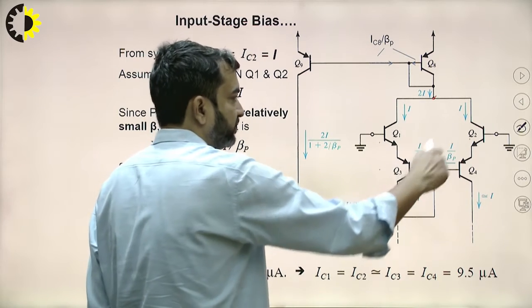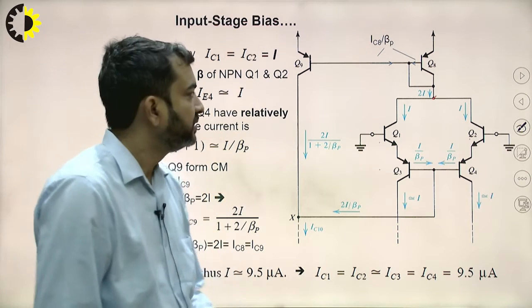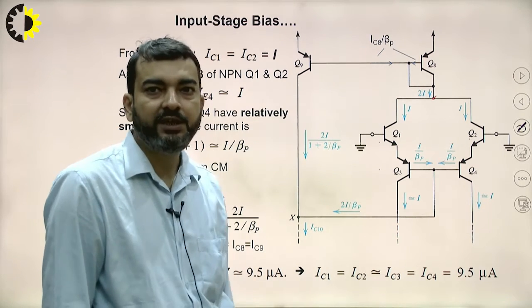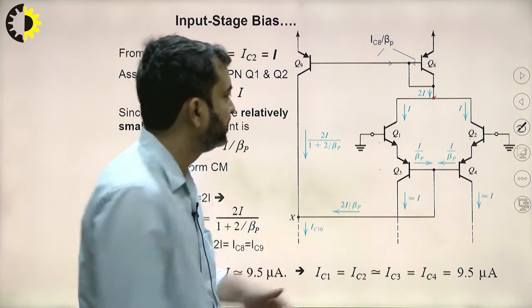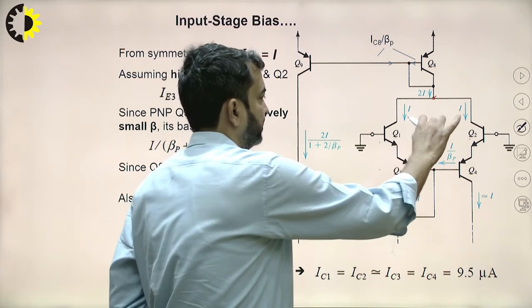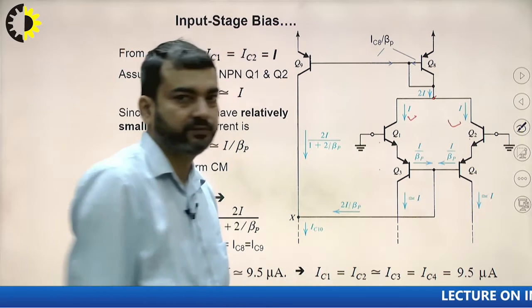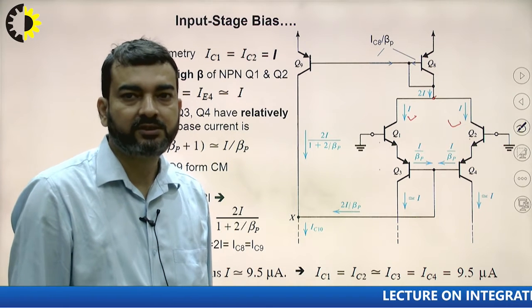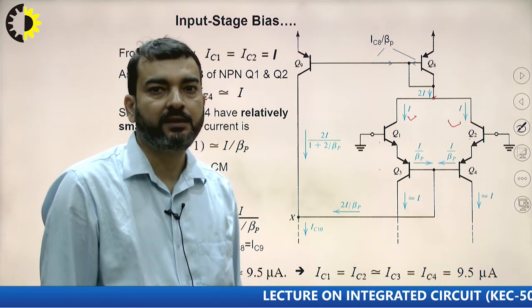Because of the symmetry of these two transistors, the current 2I will be equally divided in both the branches. So this is current I for transistor Q1 and current I for transistor Q2. Both input transistors Q1 and Q2 will have equal collector currents.